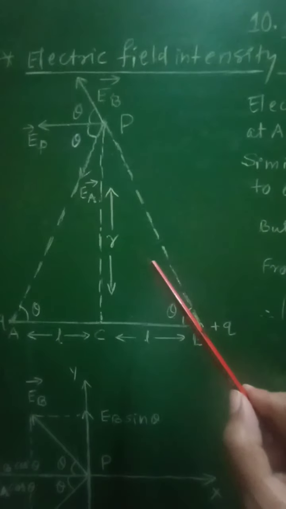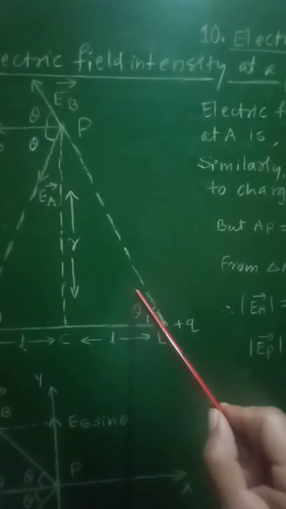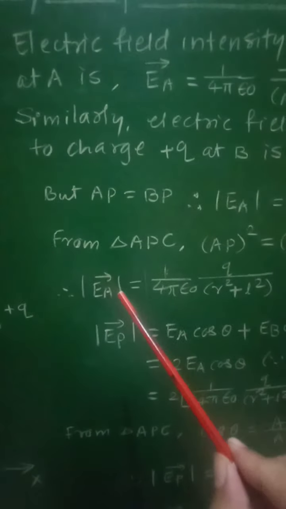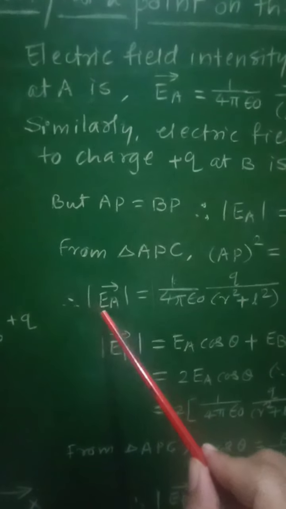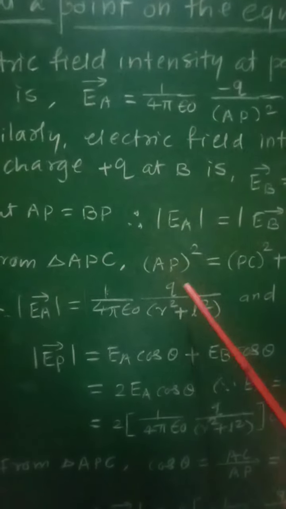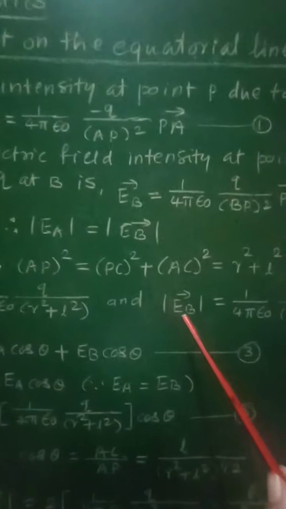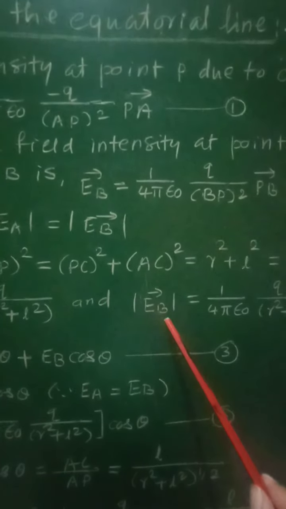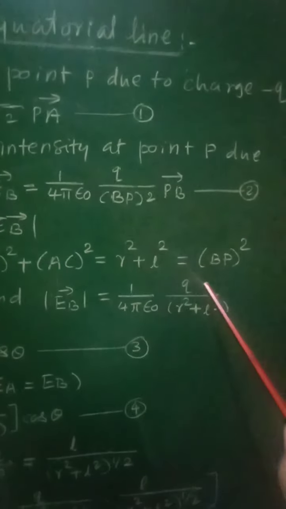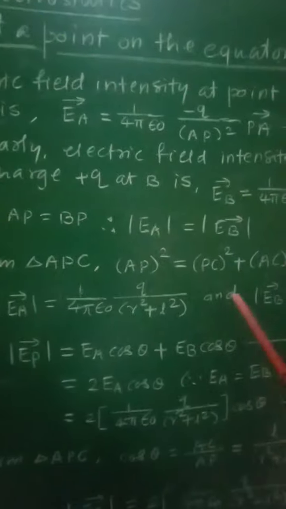For BP square, the same r square plus L square we will get from this triangle, and therefore we can say that the magnitude of vector EA equals 1 upon 4 pi epsilon 0 into Q upon r square plus L square, and the magnitude of vector EB will also be equal to 1 upon 4 pi epsilon 0 into Q upon r square plus L square. So both magnitudes are the same.